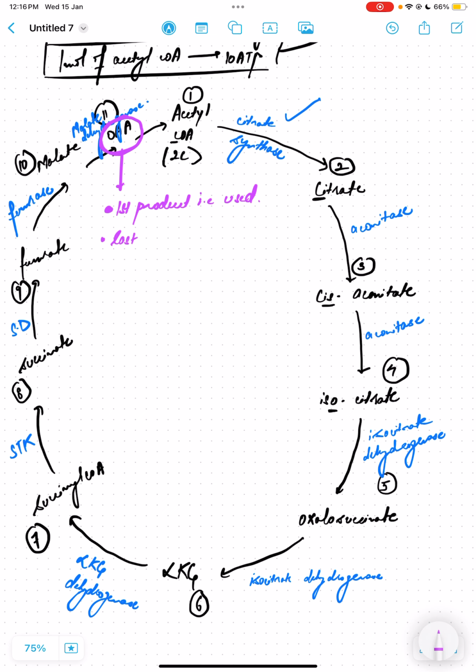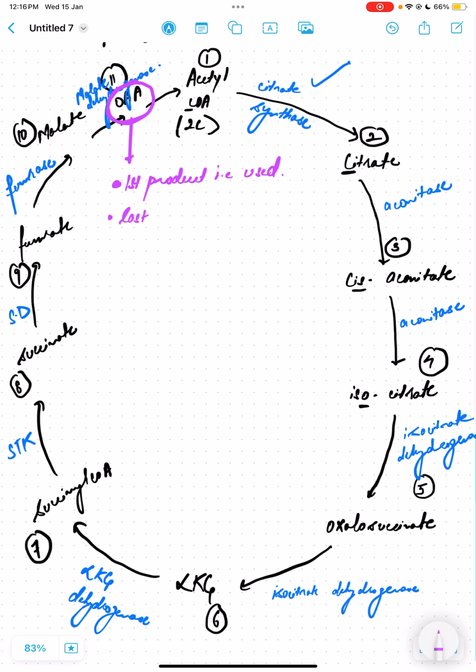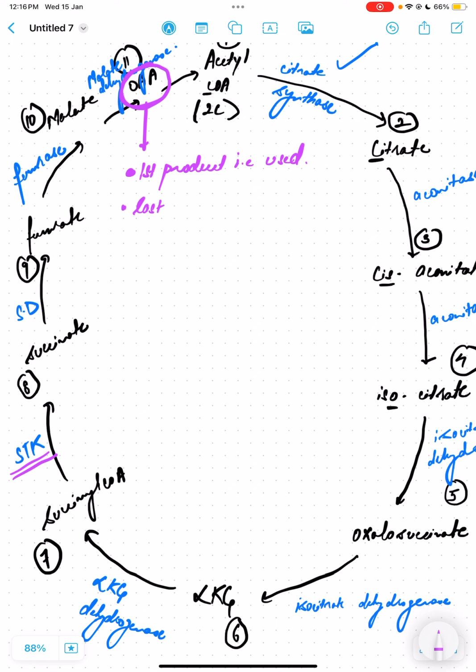So next are some steps that you should remember. During the conversion of succinyl CoA to succinate, there is an enzyme called succinate thiokinase. During this step there will be the presence of 2 ATP. And this step is called substrate level phosphorylation.